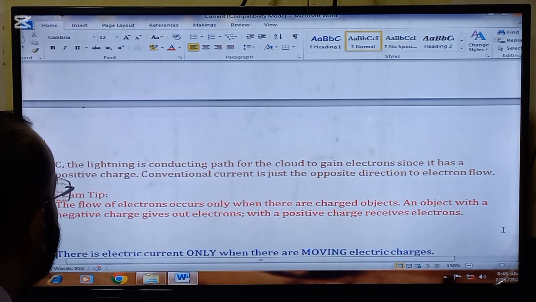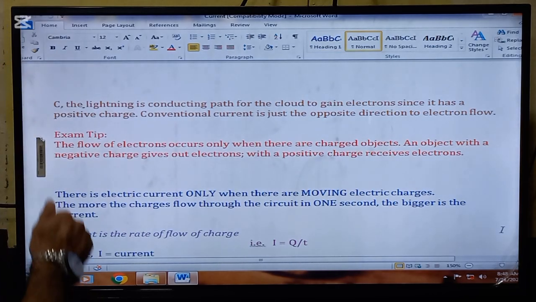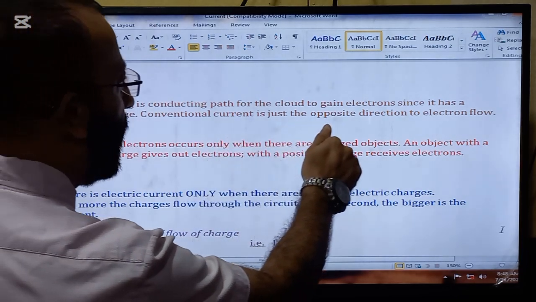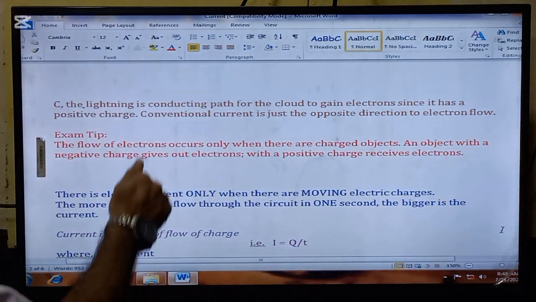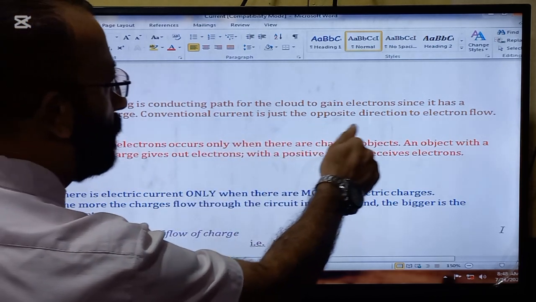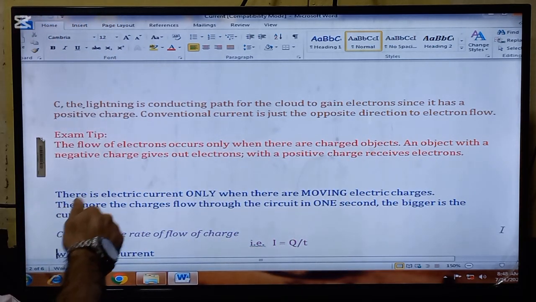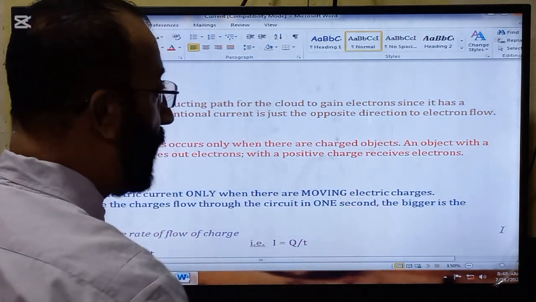Here is the explanation of the answer. You can see C. The lightning is a conducting path for the cloud to gain electrons since it has a positive charge. Conventional current is just the opposite direction to the electron flow. The flow of the electrons occurs only when there are charged objects.